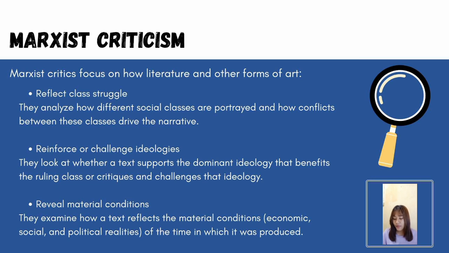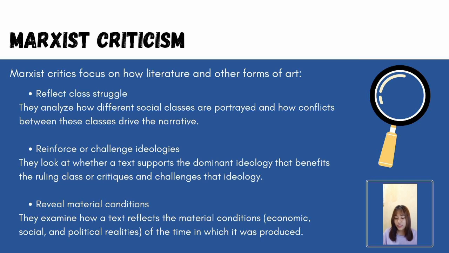So Marxist critics look at how the economic conditions of a particular period, such as poverty, unemployment, industrialization, colonialism, etc., influence the behavior, values, and actions of characters. So they also consider how these conditions impact the production and reception of the text itself.